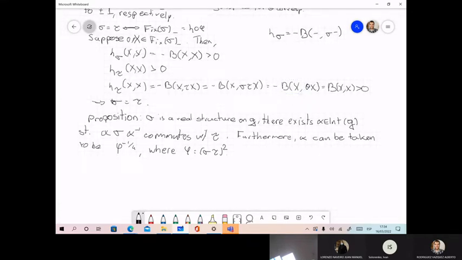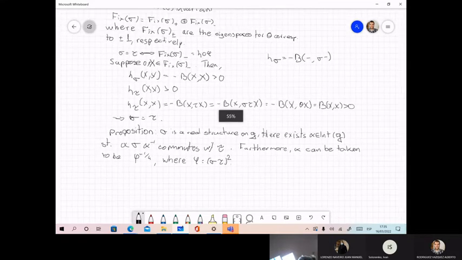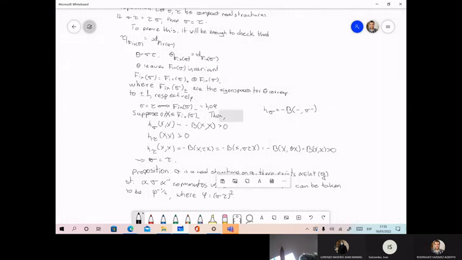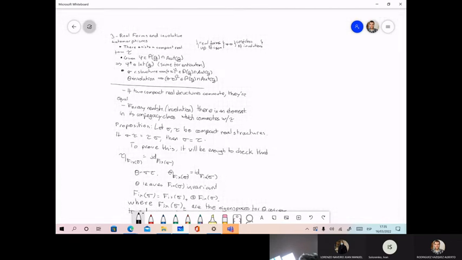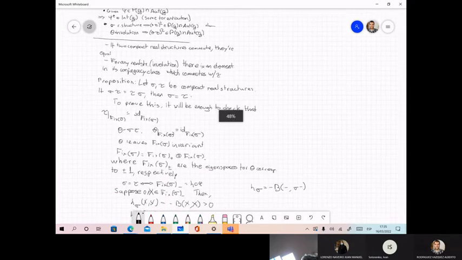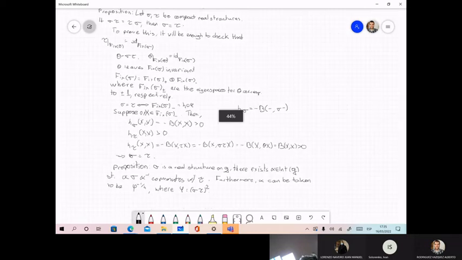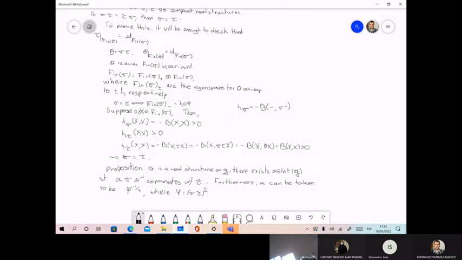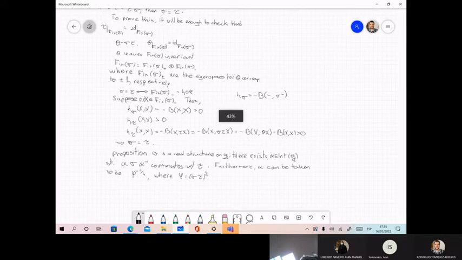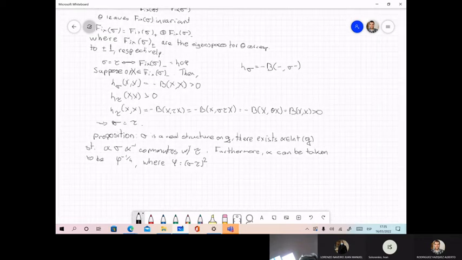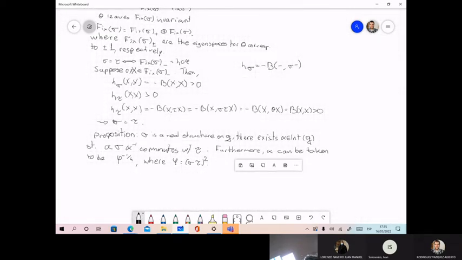Okay. So we know that this sigma tau squared by a previous proposition is a positive definite inner automorphism. So this sigma tau squared is an inner automorphism, so it makes sense to exponentiate it. And we will show that by choosing an adequate exponent there, this makes sigma tau commute, right?